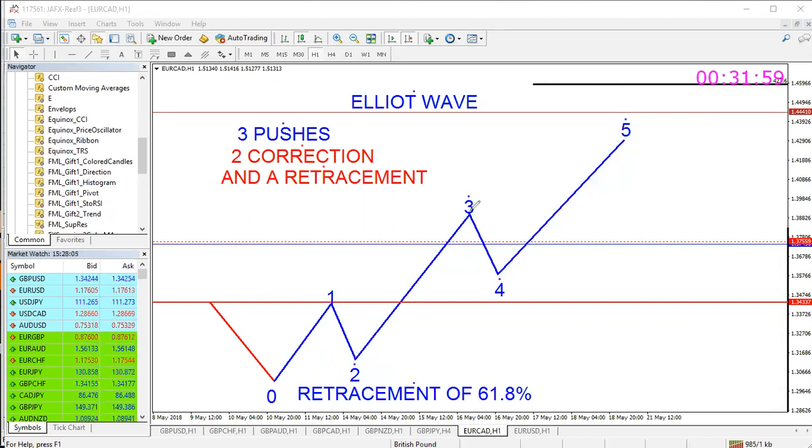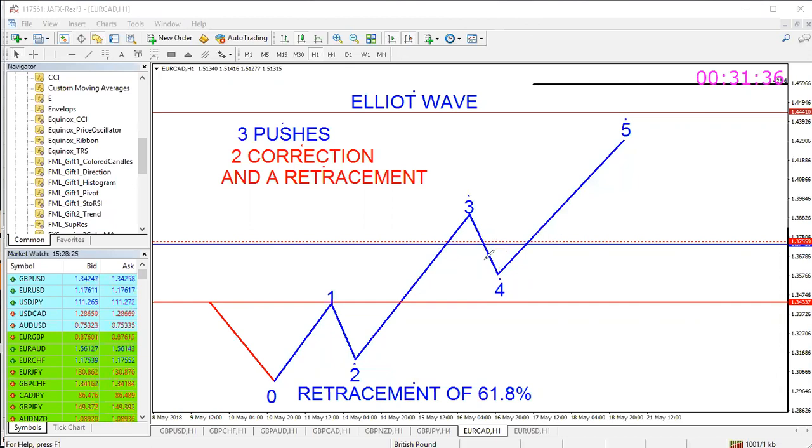Once you get to 3, it's going to have a correction again. The correction will stay above this line. The correction can come from this point to about this point and go up, as long as it did not break this resistance line below. It is valid as long as it did not break that resistance below.